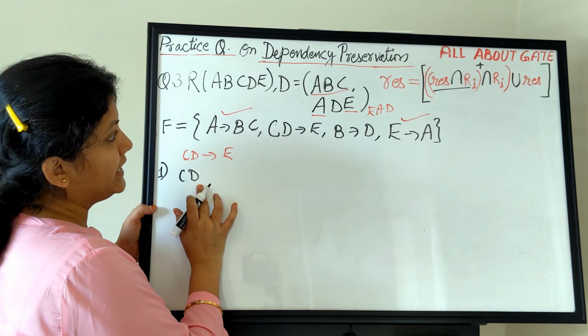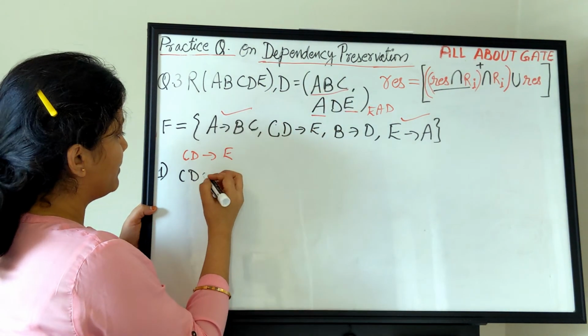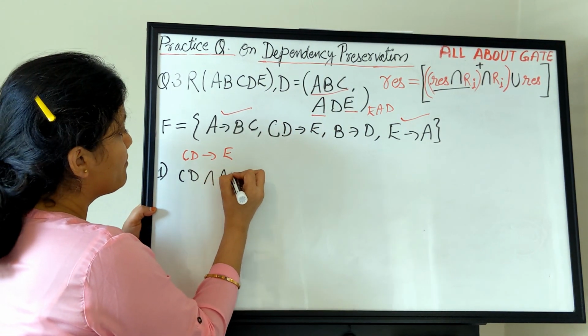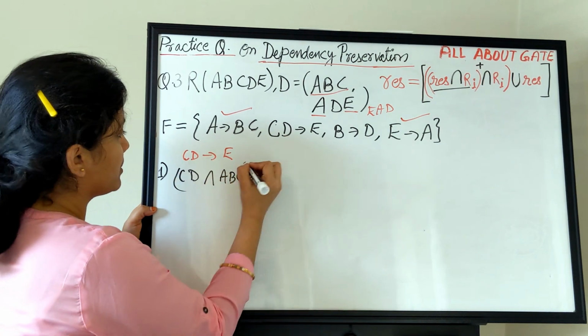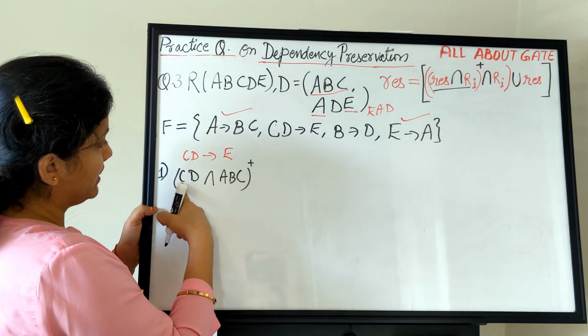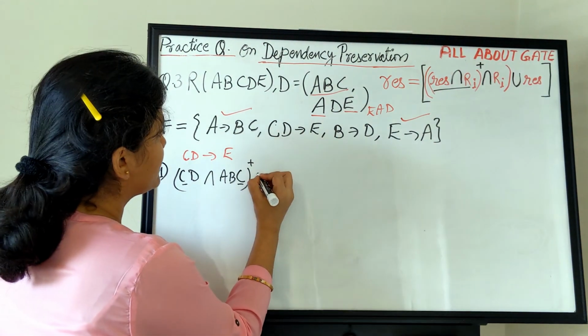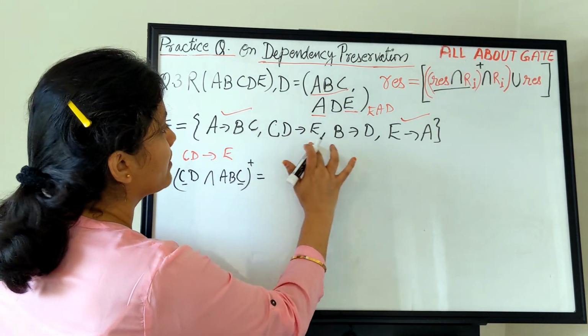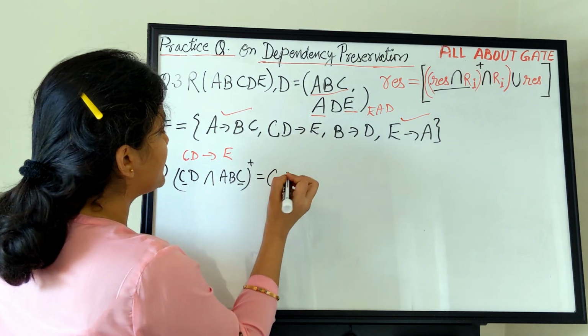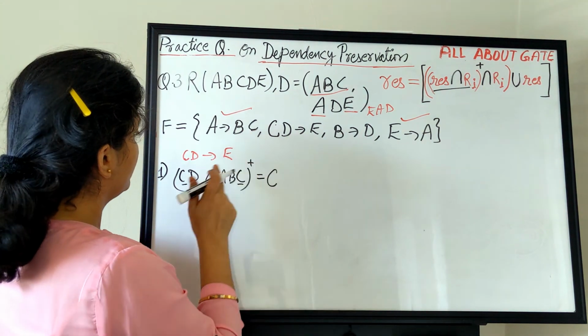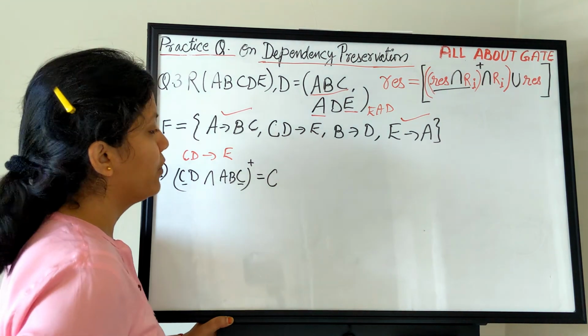So I am taking CD, and I am following with the very first sub-relation, that is A, B, C. Take its closure. So what is a common part? C is a common part, so I am taking the C closure. What is C closure from here? From here C closure gives me C. Anything else? No. Okay, that's it.